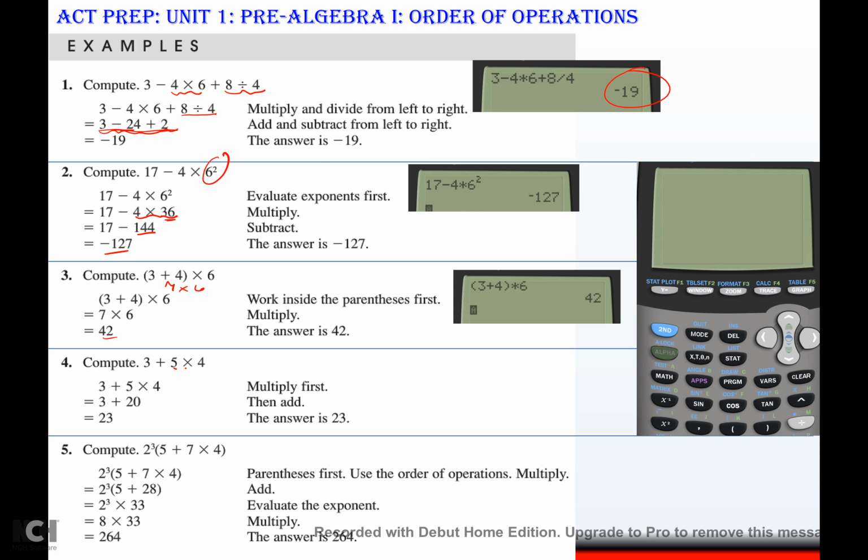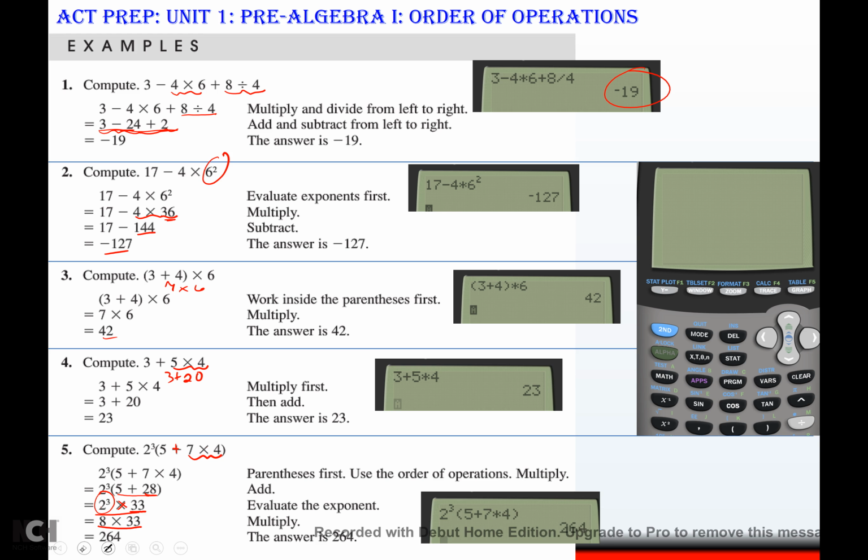Again, on this one you'd have to multiply first, that would be 20 plus 3 is 23. On this one you're going to do inside parentheses first, and inside you have addition and multiplication. You have to multiply first, which is 28, then 5 plus 28 is 33. You have to do the exponent before you do the multiply. 2 cubed is 8 times 33 is 264. Again, or just type it in.